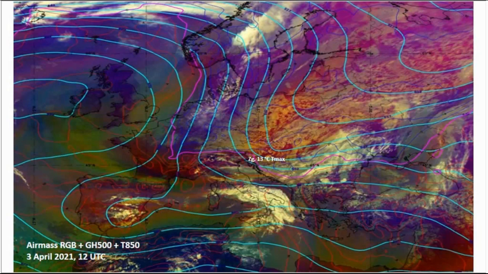And if we go 2 days forward, we can see how a trough has arrived from the north and brought rather cold temperatures. If we check here, we have something around -1, -2 degrees at 850 hPa.